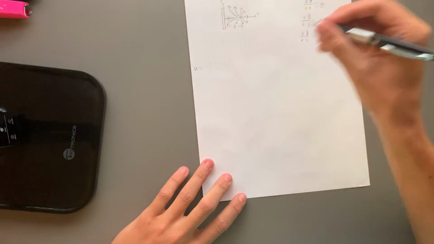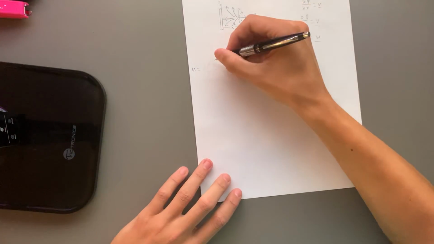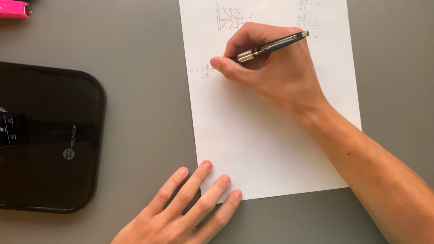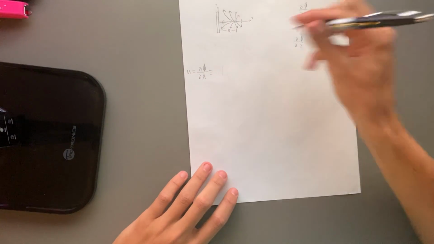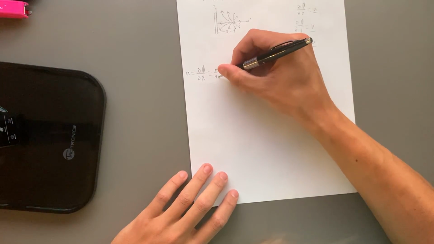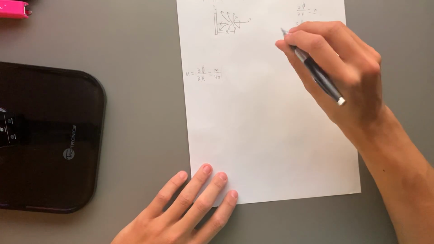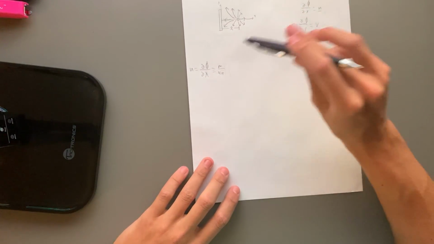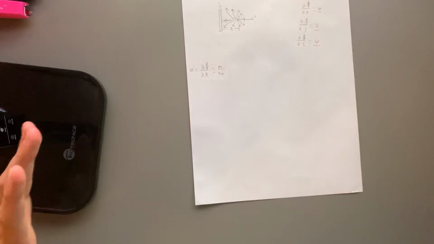So for u, it is the derivative of phi in relation to x. So we have our constant, m over 4 pi, and this constant, because it's positive, is showing that it's a source and that water is going out.